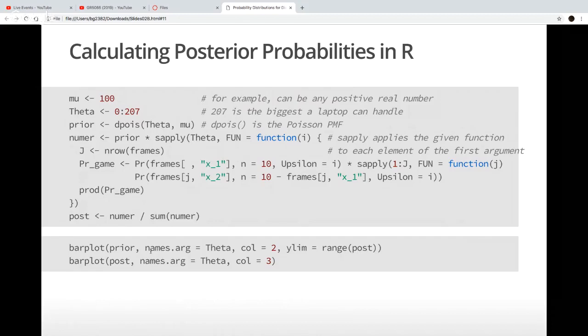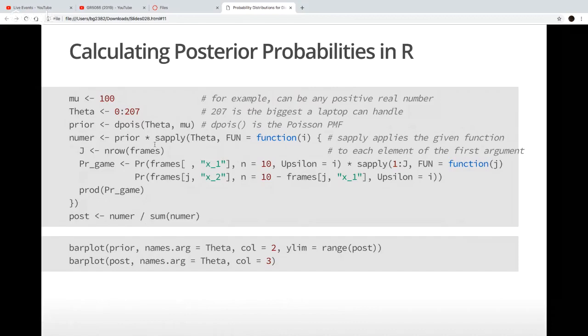And the probability mass functions in R all start with the letter d for reasons that might become clear later, eventually, not today. Anyway, that's our prior probabilities. And then we just have to multiply that by the probability of the data given upsilon for each of those 208 values of theta in order to get the numerator of Bayes' rule.